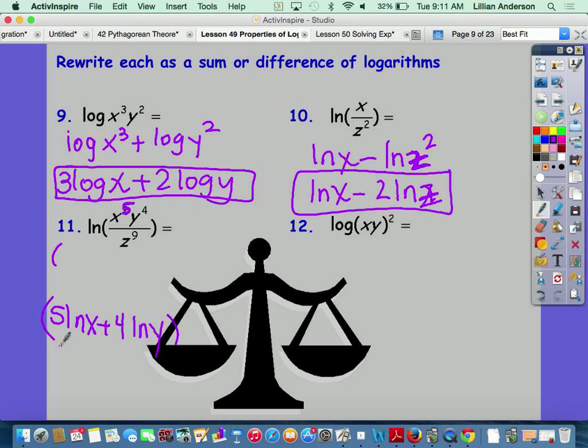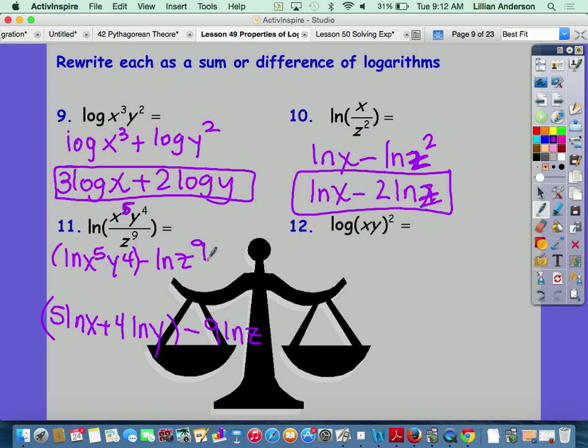Parentheses around the subtract, minus 9 ln z. Wow, okay. Very nice. For those that might not have seen it right away, split it up, and then there you go. All right, nice.